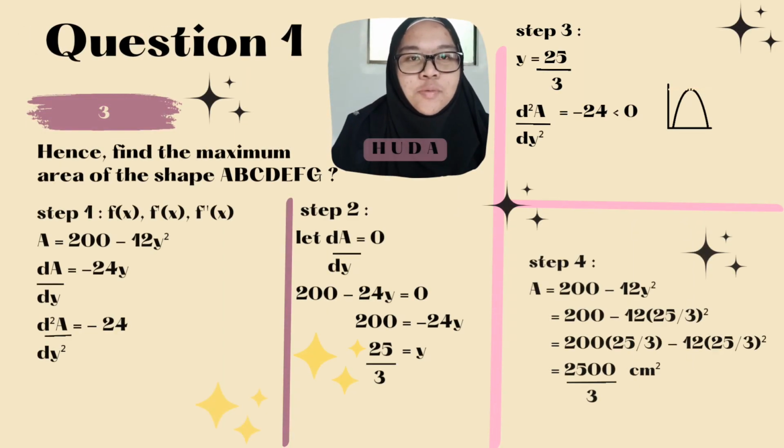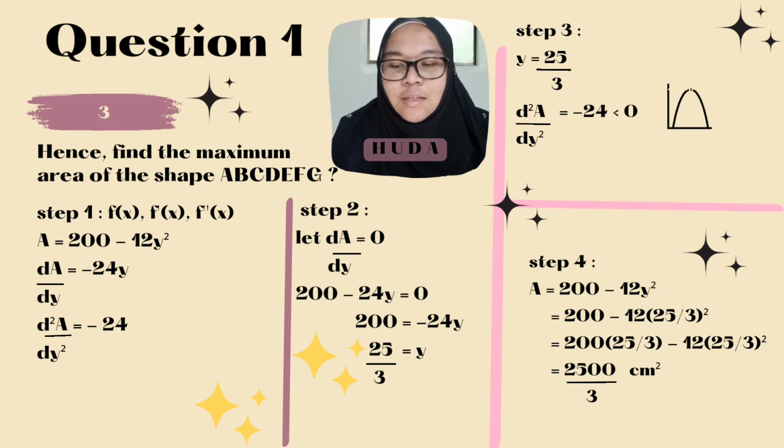Okay, let's move on to question 3, which is the last question of question 1. The question is how to find the maximum area of the shape ABCDEFG. Okay, this has 4 steps.